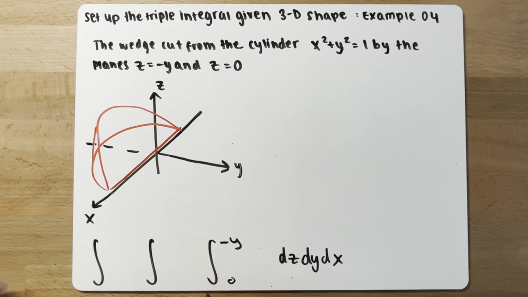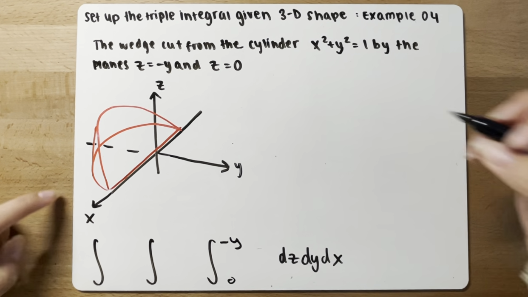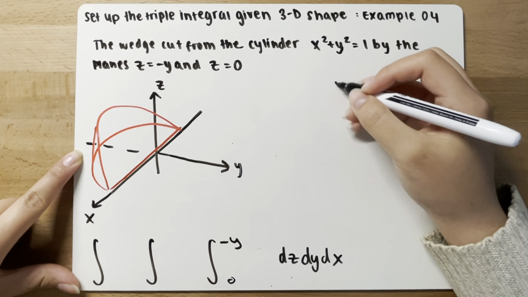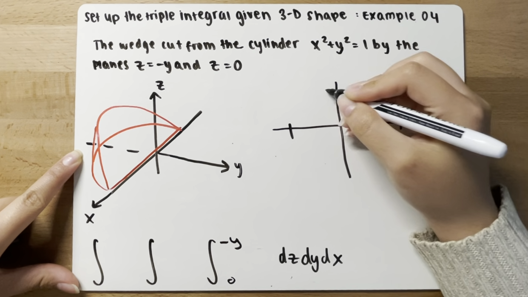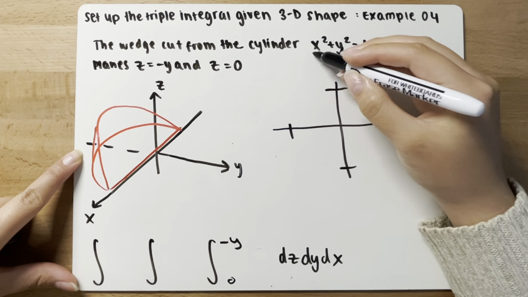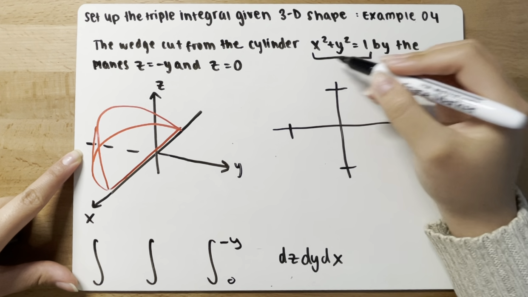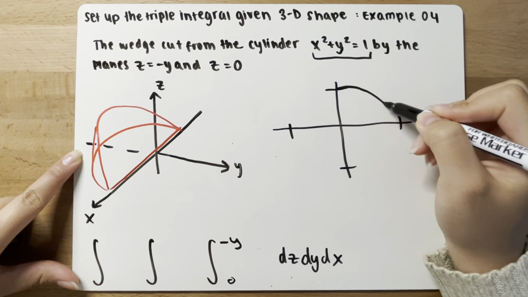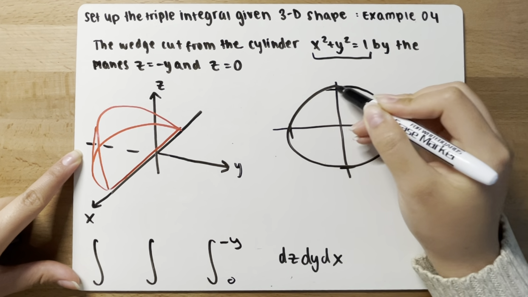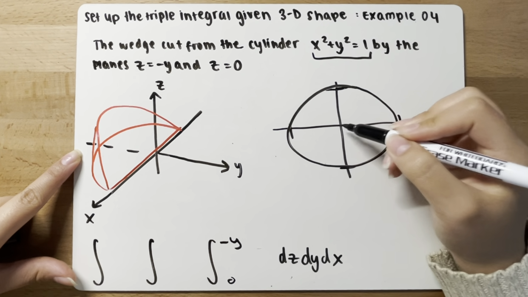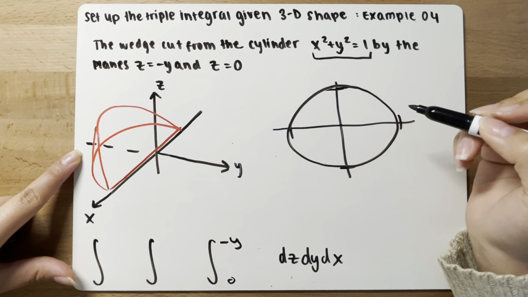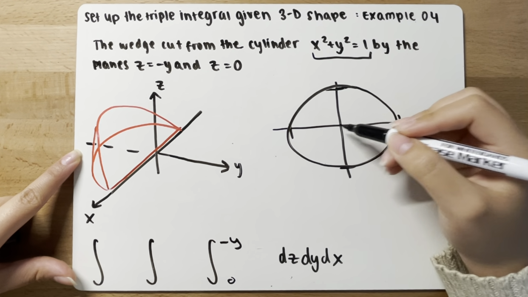Next thing you want to do is find dy dx, and to do that you want to graph a 2D shape using this formula. If you graph this, you have a circle with a center at 0, 0 and a radius of 1.